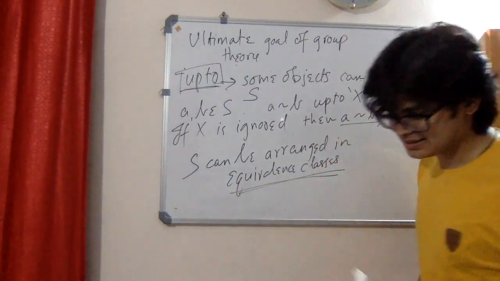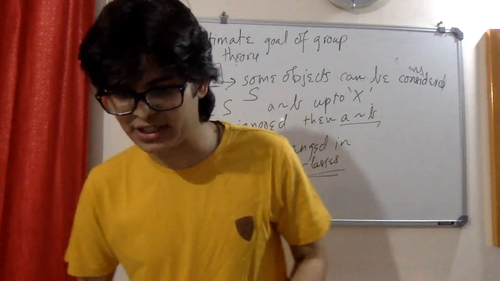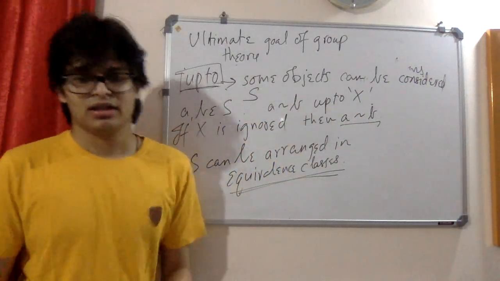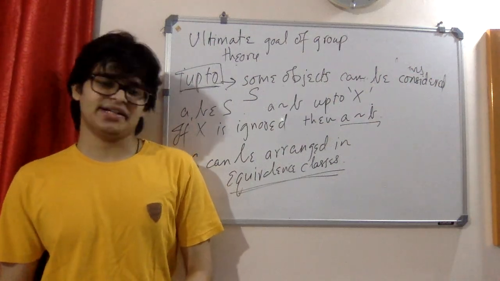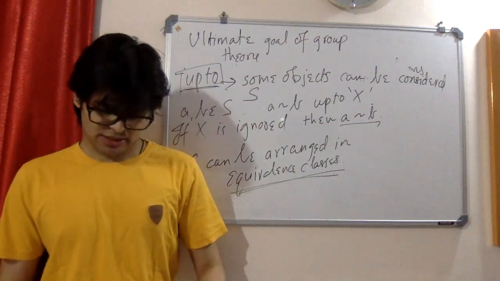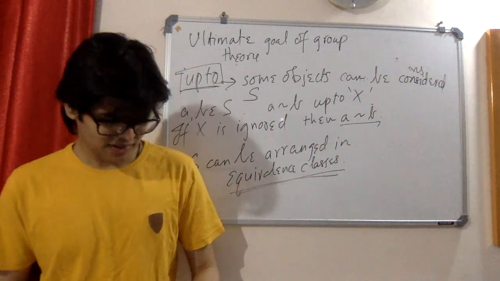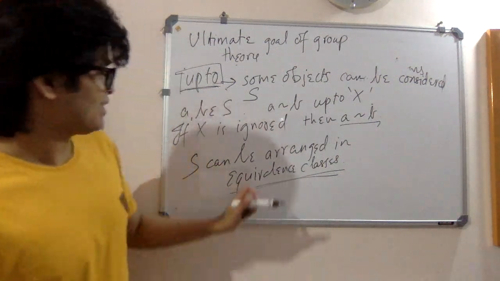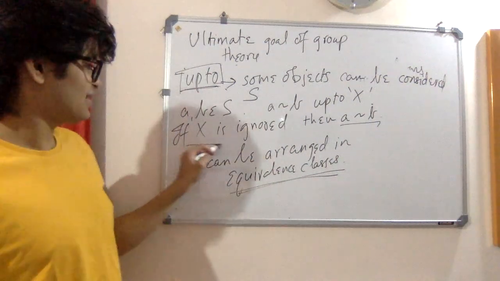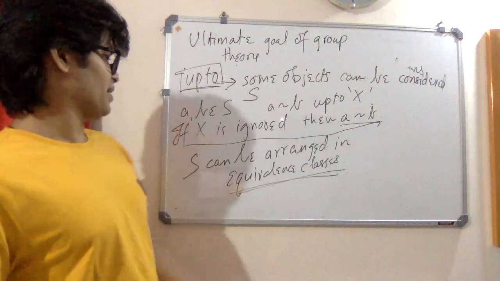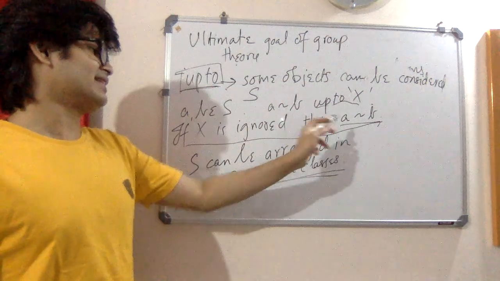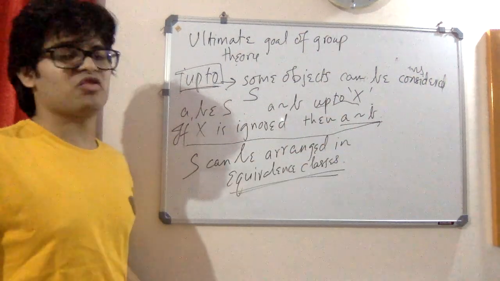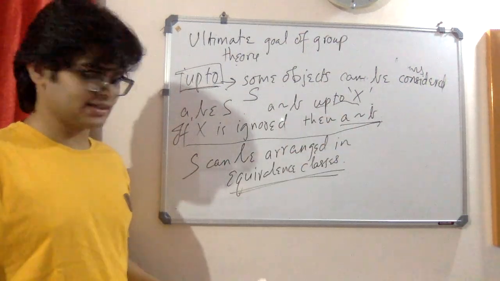So this is a basic thing people do in set theory, that an equivalence class partitions the set, and this equivalence relation, that means if X is dropped, then A is equivalent to B, helps us to formulate the equivalence classes.